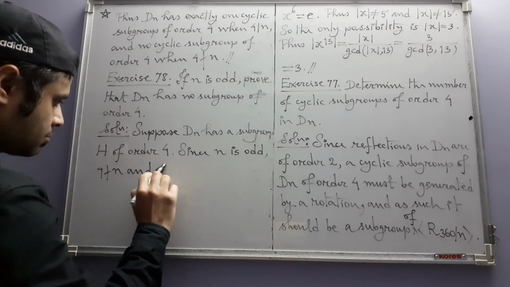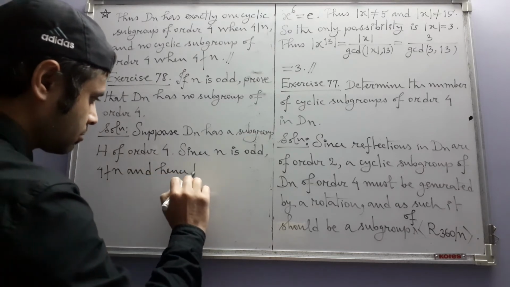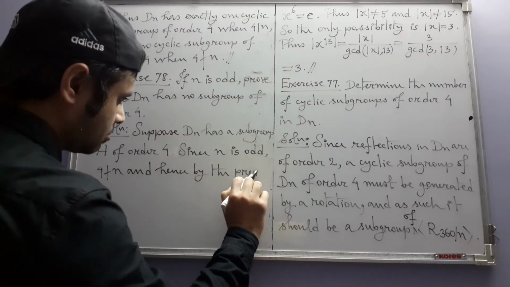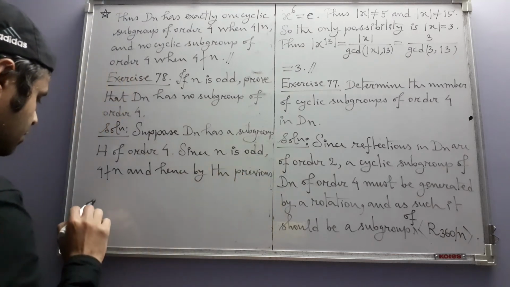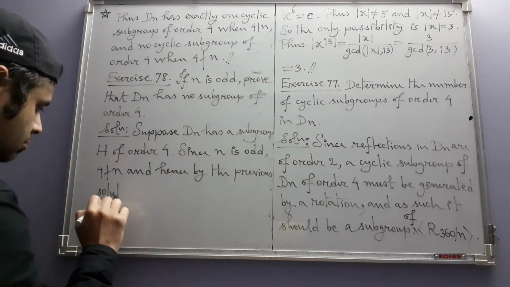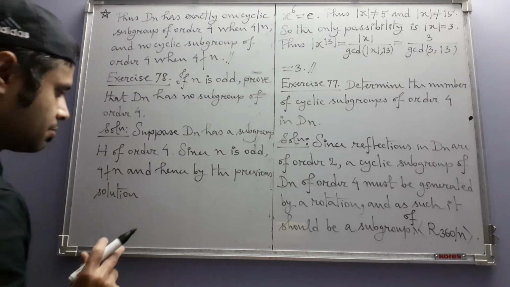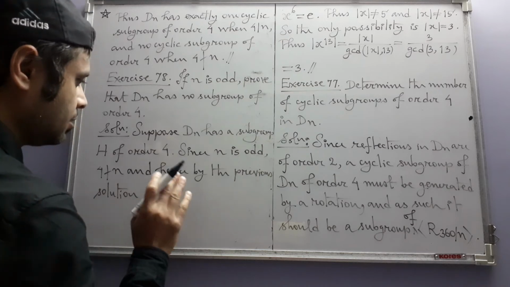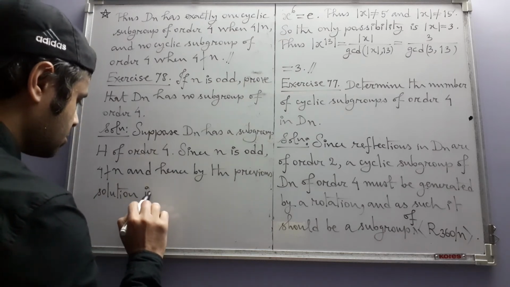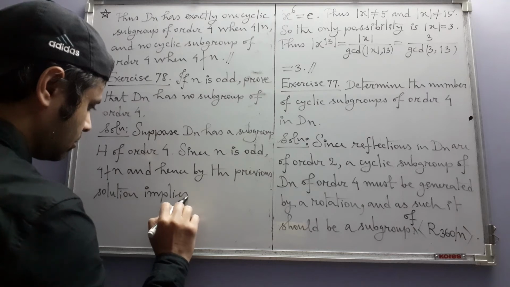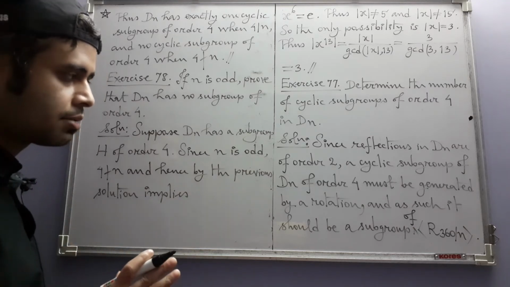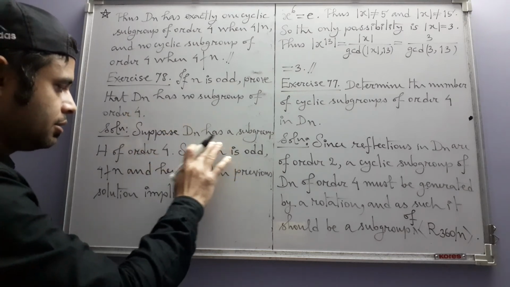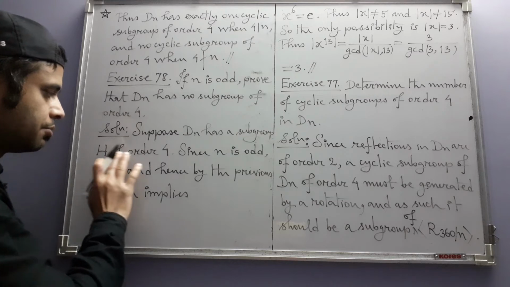And hence by the previous solution, the solution to the previous exercise, you should understand that, the previous solution implies that there is no cyclic subgroup of order 4 in Dn, but we have already supposed the existence of a subgroup H of order 4.